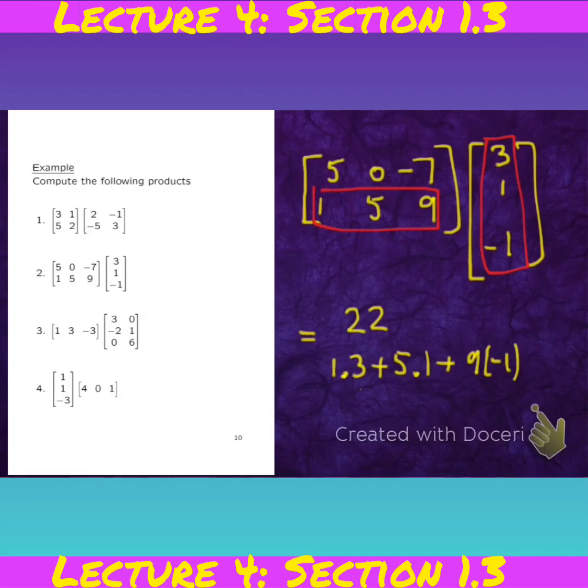And if you go and work that out, you get minus 1. So this is a 2 by 3 matrix times a 3 by 1, which is a 2 by 1 matrix. Okay, so that is my product.